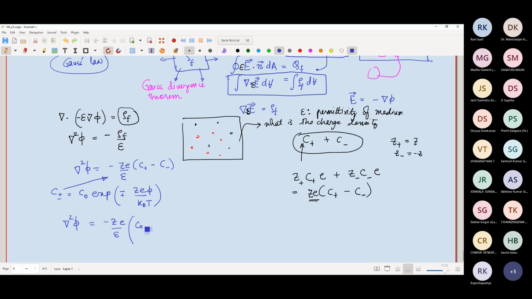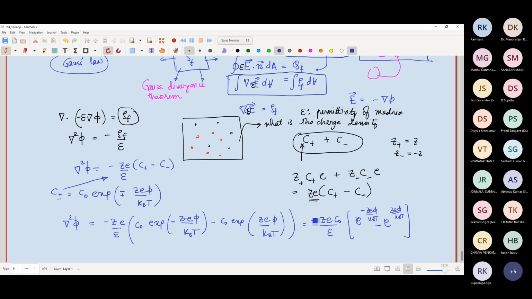Now C plus is C naught exponential of minus Ze phi over kBT, minus C minus is C naught exponential of Ze phi over kBT. And so this turns out to be minus Ze C naught over epsilon times e raised to minus Ze phi over kT minus e raised to Ze phi over kT.